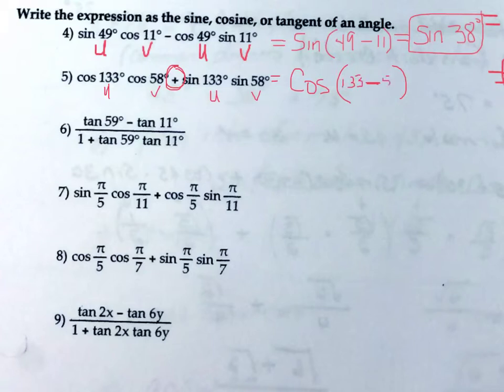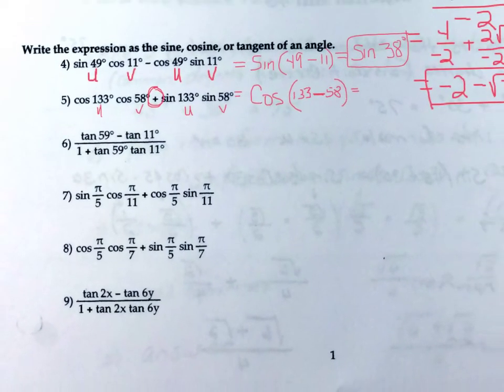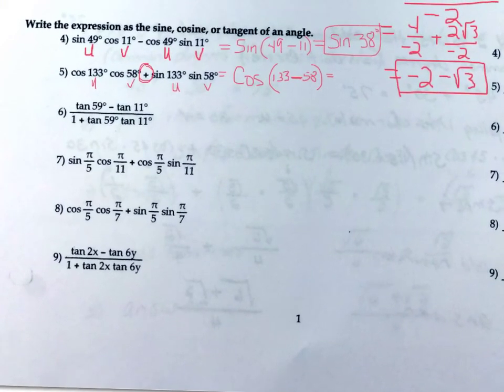V is 58. So when I subtract 133 minus 58, what is 133 minus 58? 75. So that should be cosine of 75. And that would be the answer. So here we're just trying to find out which is the single function that we need to use.